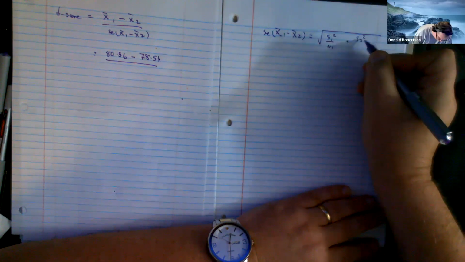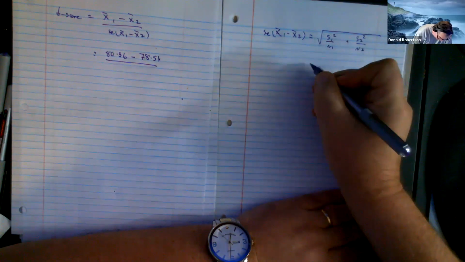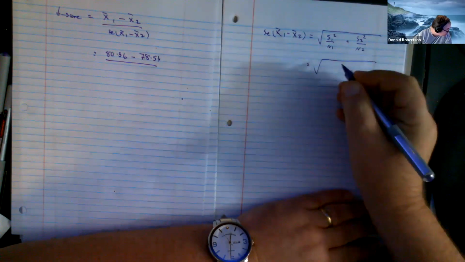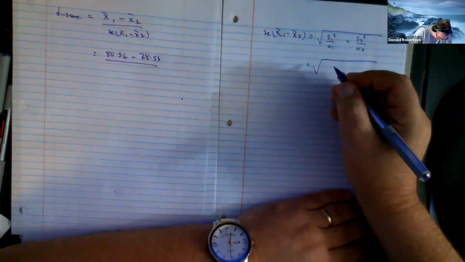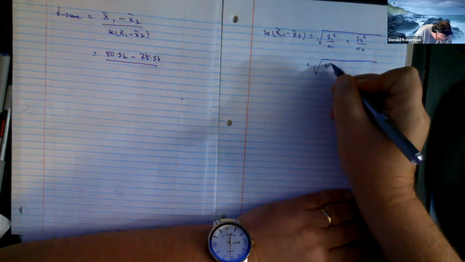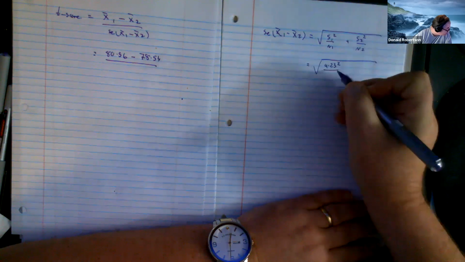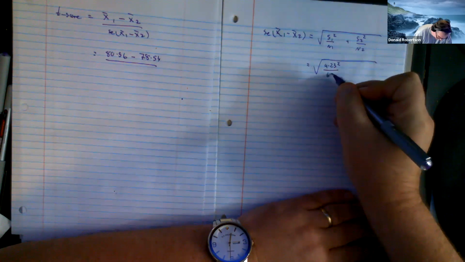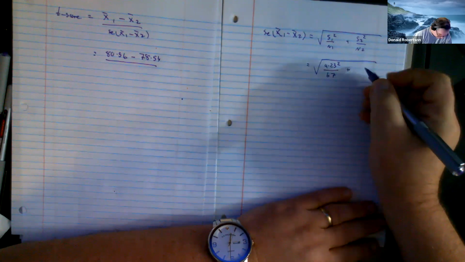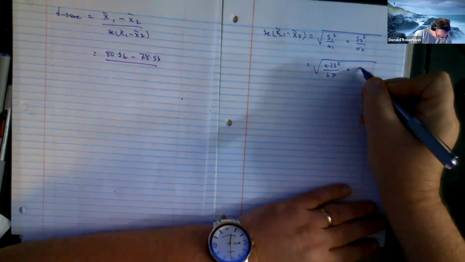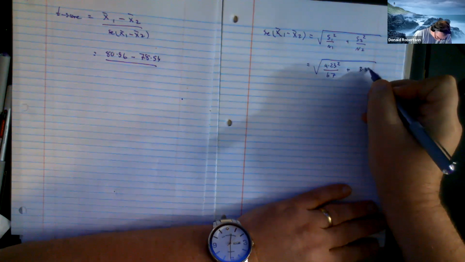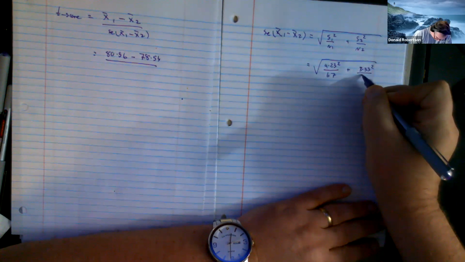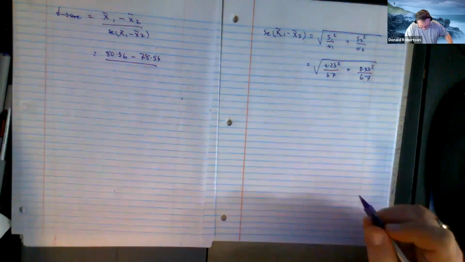It's very similar to the first question you asked me about. Now s1 is 4.23 squared over 67, and s2 is 3.33 squared, and by coincidence also over 67.